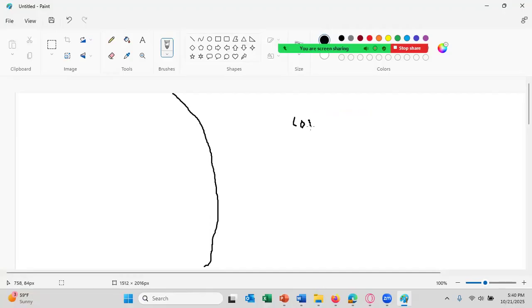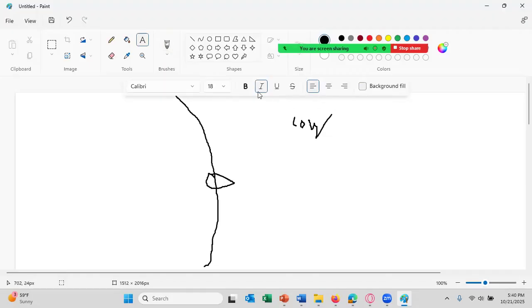Then we have an active transport protein, so let's put that here.